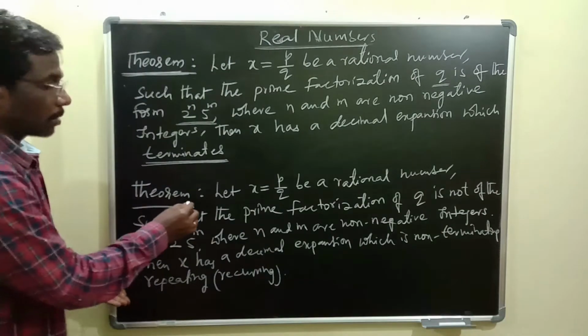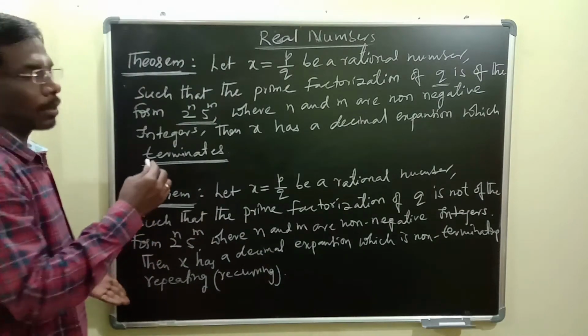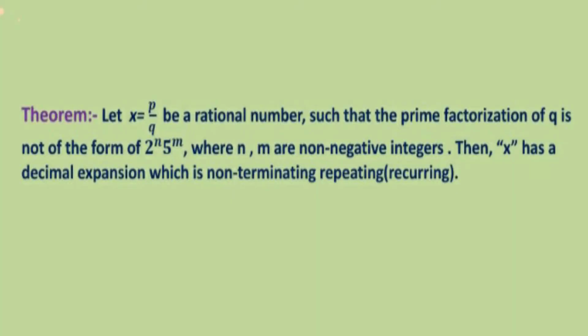Next, the theorem about non-terminating decimals. Let x equal p by q be a rational number such that the prime factorization of q, the denominator, is not of the form 2 power n into 5 power m, where n and m are non-negative integers.